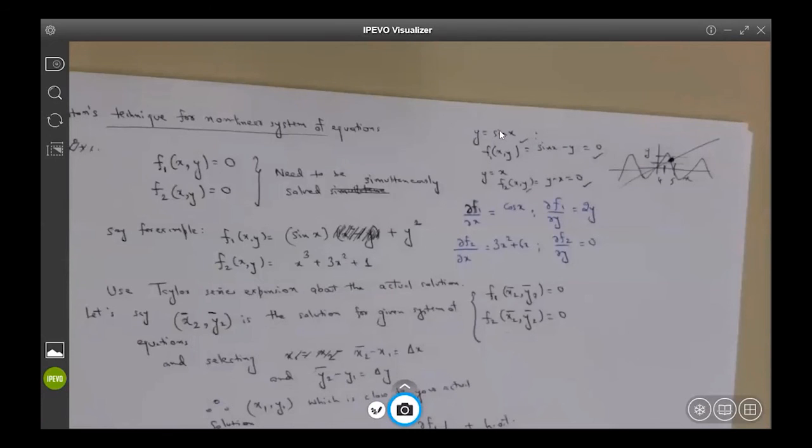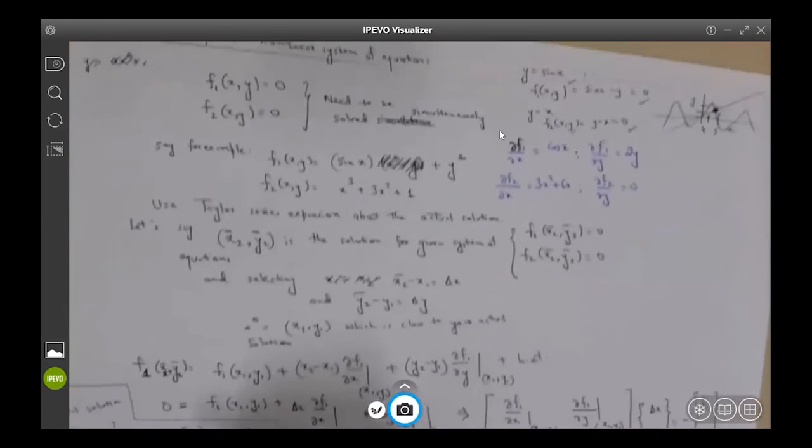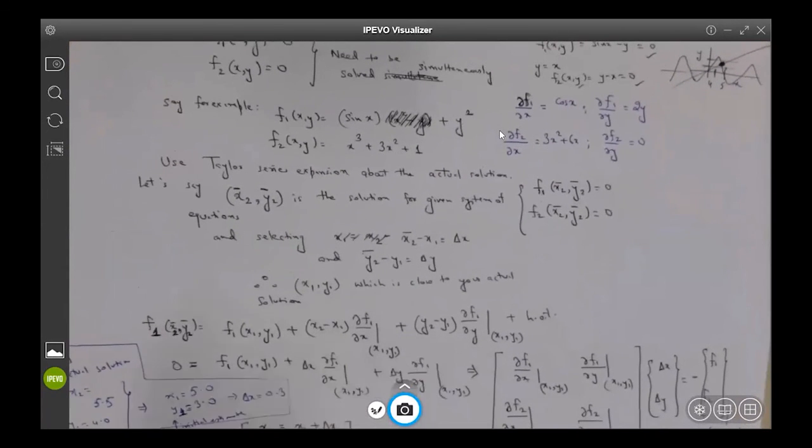Yeah, that makes sense. It's an easier approach. Yeah. So basically you need to graph it and see whether they are intersecting or not, and find x1, y1, the starting estimate, very close to your exact solution. Okay, thank you.